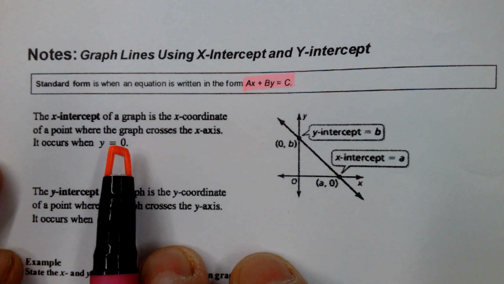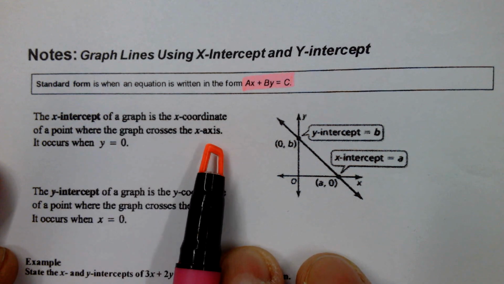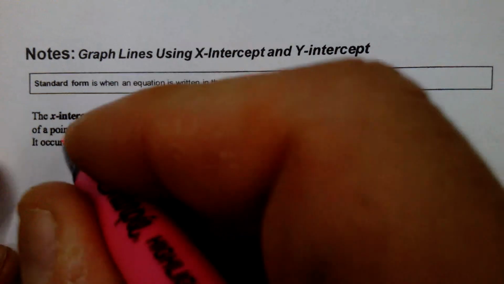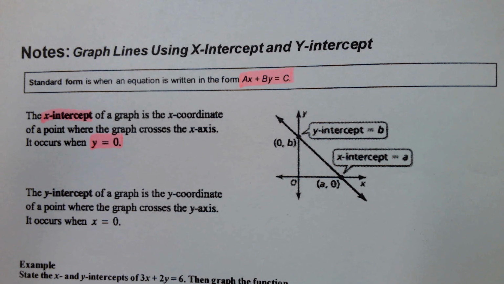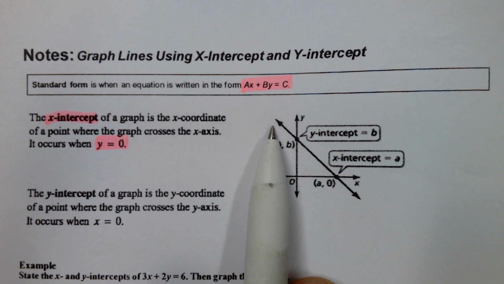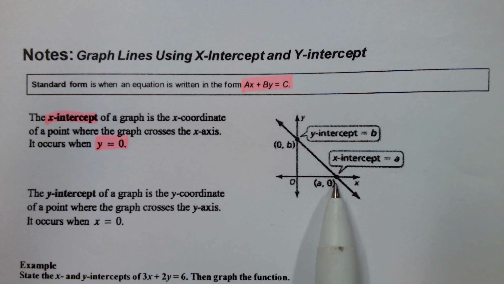So the x-intercept of a graph is the x-coordinate of the point where the graph crosses the x-axis. It occurs when y equals 0. So I want you to start making those connections. X-intercept, y equals 0. So over to the diagram over here to the right, guys. Let's take a look at that line. Here's our line, and the line crosses at some point A on the x-axis.